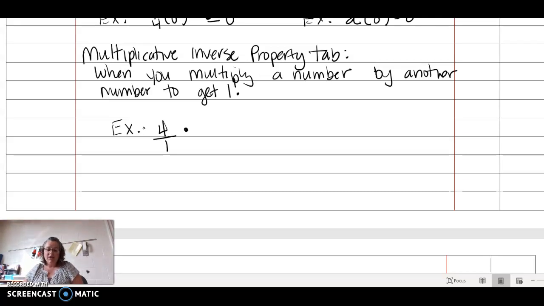Well, the inverse is just the reciprocal, the flip of this. So if I were to take 1 over 4 and use the multiplying properties when you're multiplying fractions, multiply straight across, you get 4 over 4, and that reduces to 1. So the inverse of 4 is 1/4.